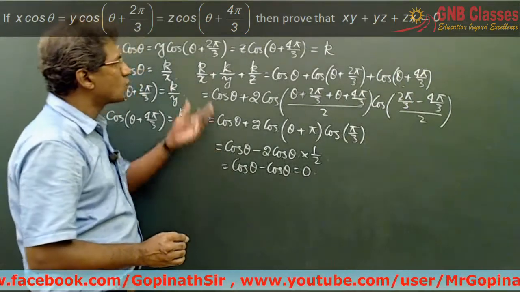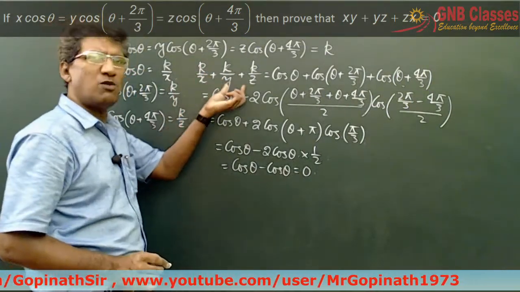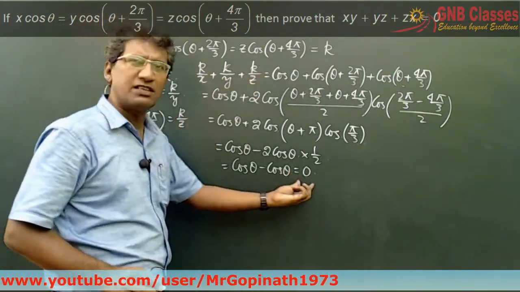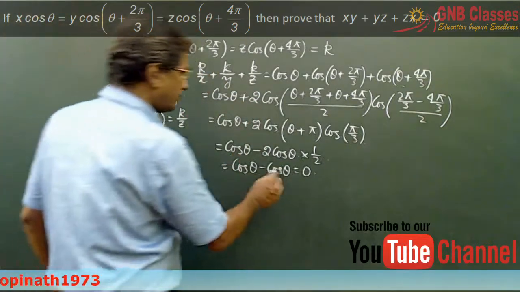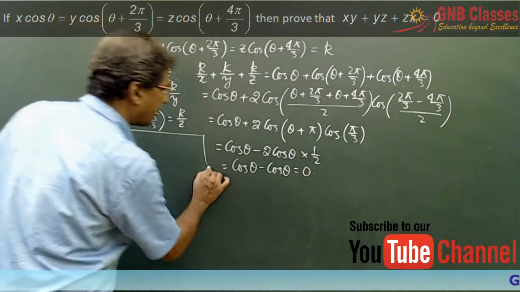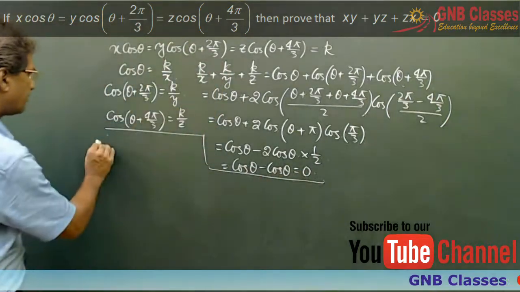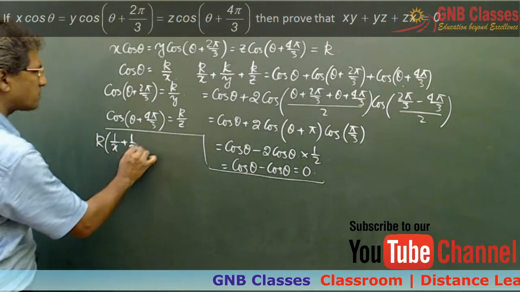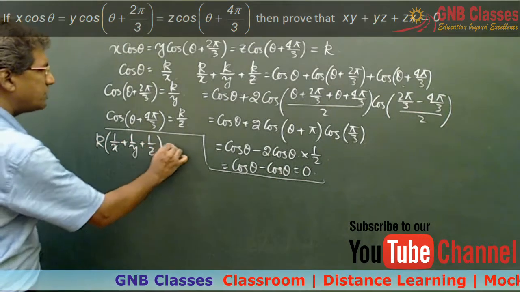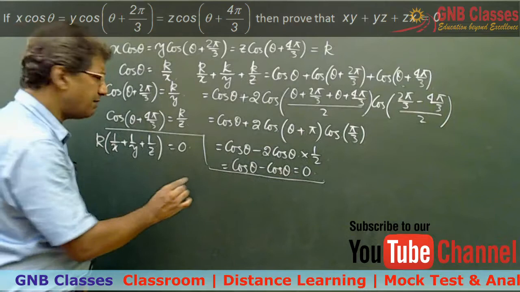Is it clear? So k by x plus k by y plus k by z is nothing but 0. Now look carefully, if I take k common, we are left with 1 by x plus 1 by y plus 1 by z, which equals 0.